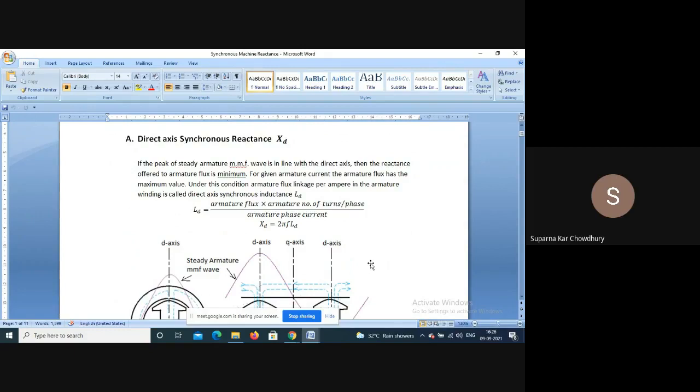When the armature MMF wave is coincident with the direct axis, the reluctance offered to the armature flux path is minimum for a given armature current, and the armature flux has the maximum value. Under this condition, the armature flux linkage per ampere in the armature winding is called the direct axis synchronous inductance LD. So LD is the armature flux times the armature number of turns per phase divided by the armature phase current, and the corresponding reactance is XD.